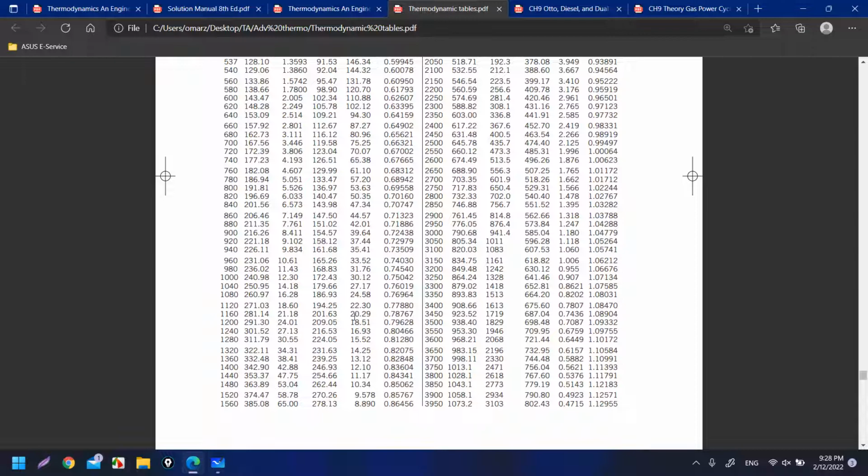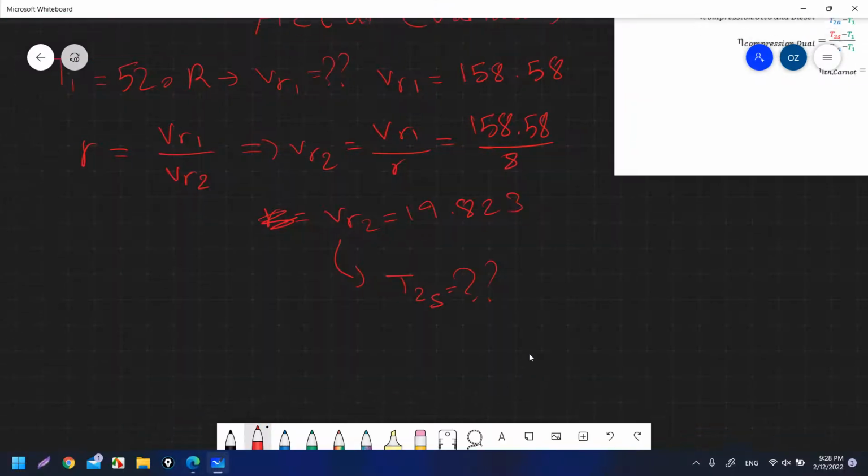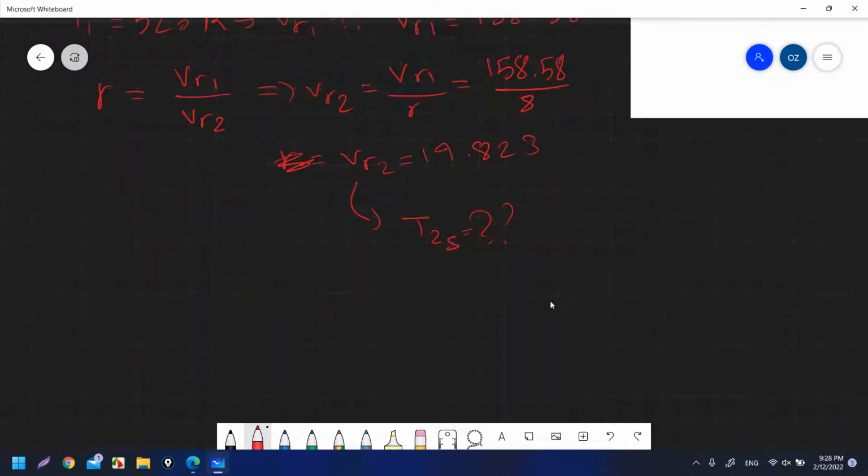It is between these two numbers, so I will make an interpolation. Always you will make interpolation. So it will be like this: T and VR, 1160 and 1200, with VR 20.29 and 18.51. I want to find T2S, and my VR2 is 19.823.